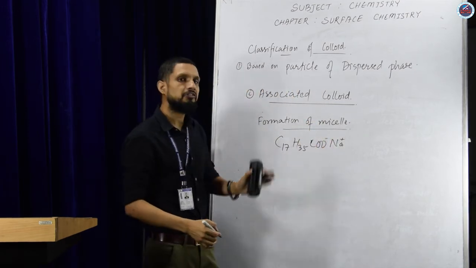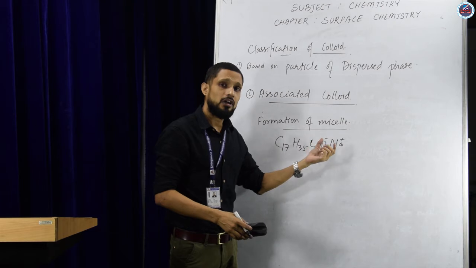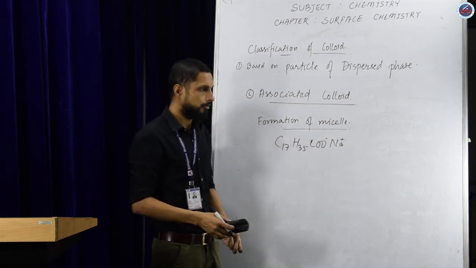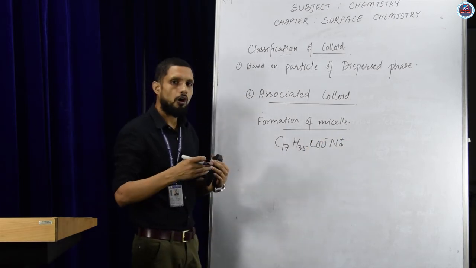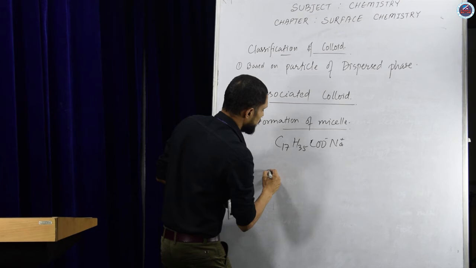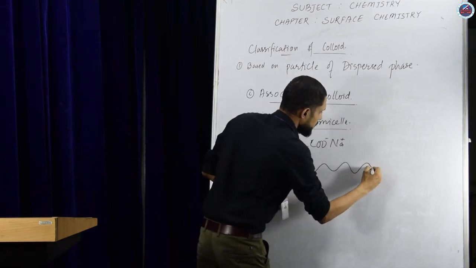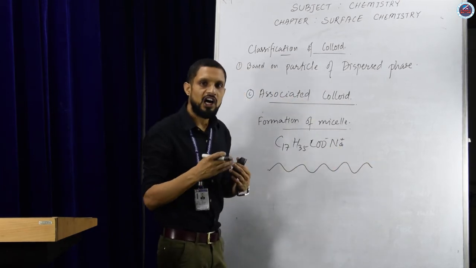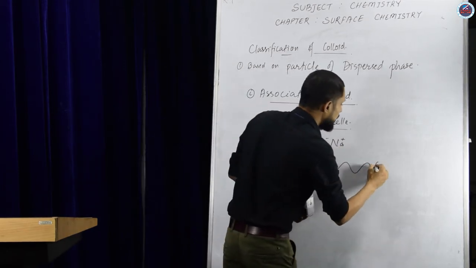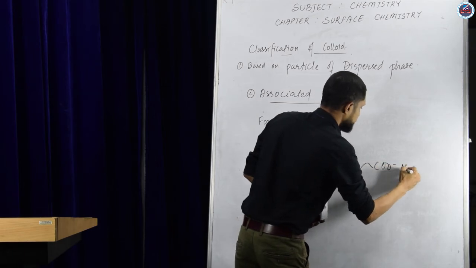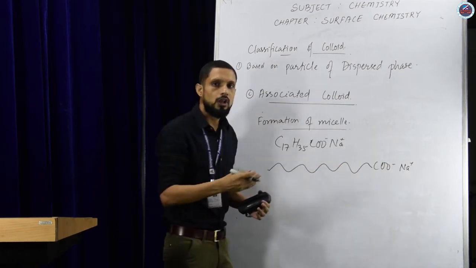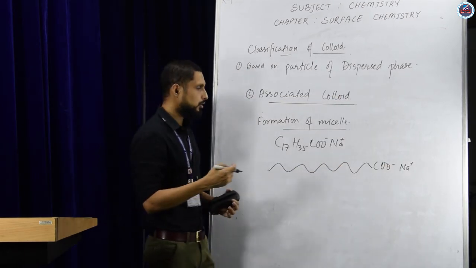So this is a long chain fatty acid and it's a salt of either sodium or potassium. Now in a soap you'll have two parts. One is the hydrocarbon part and the other one is the ionic part. That is, non-polar and polar.